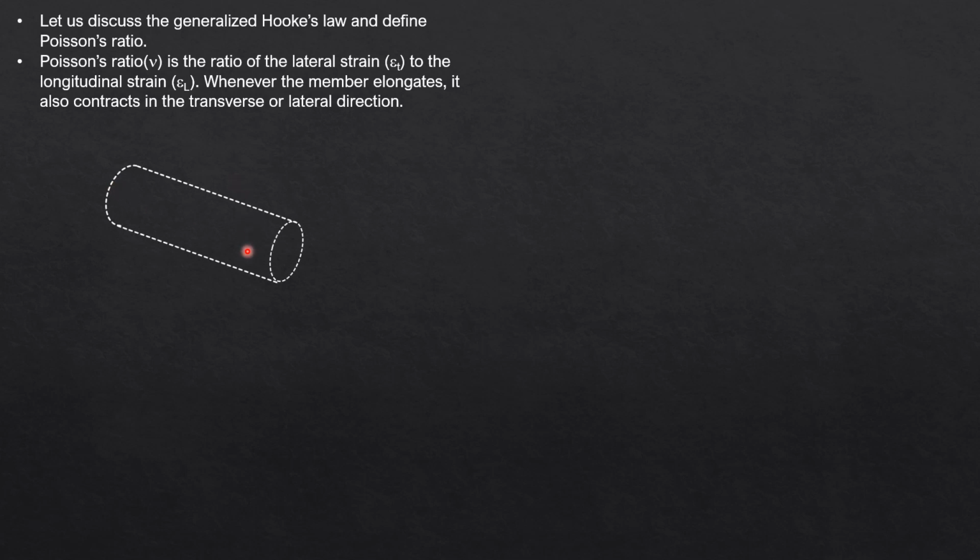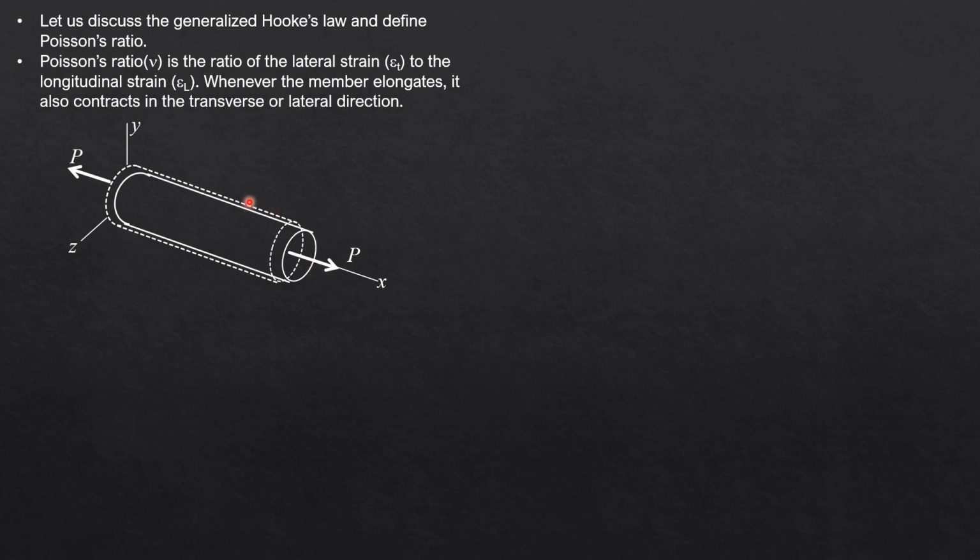So if this is the member and it is subjected to a tensile force along the x-axis, then it will contract towards the y and the z-axis respectively. So this is now the deformed shape after the tensile force P is applied.